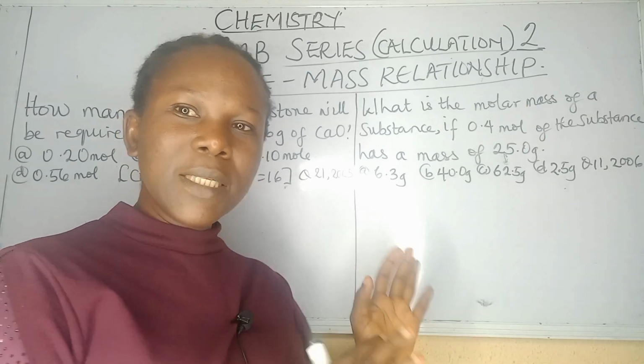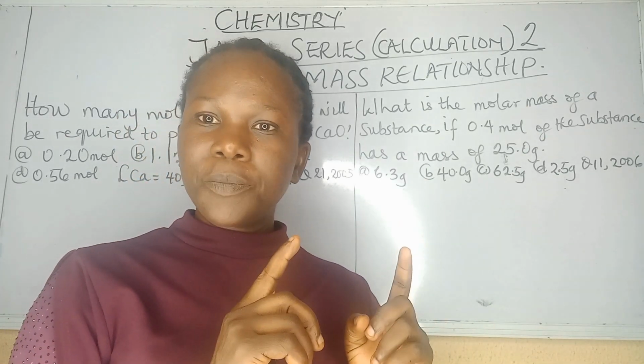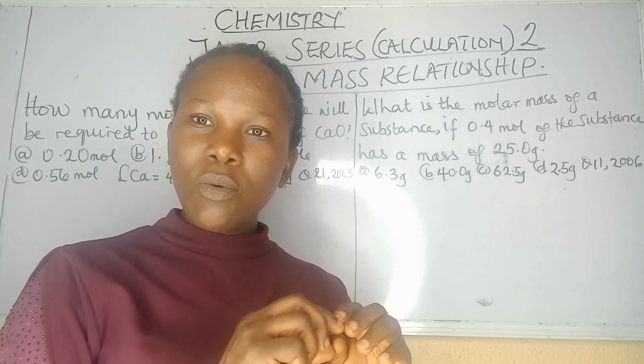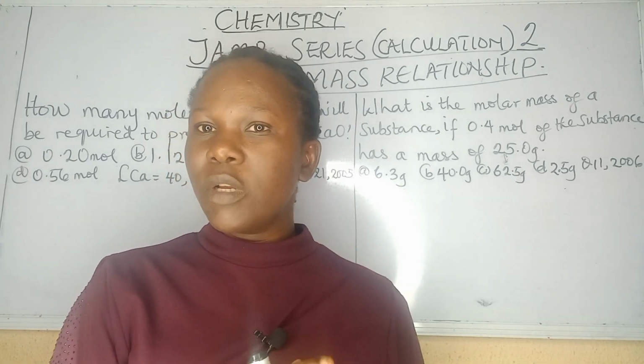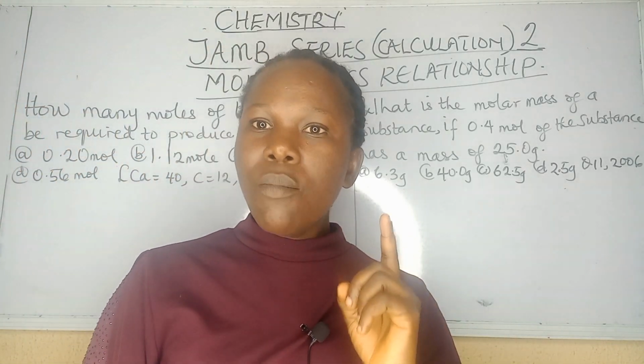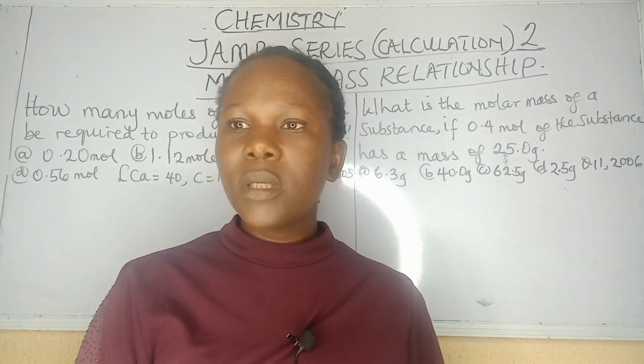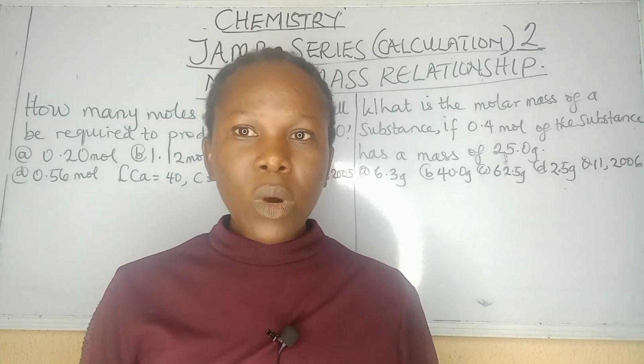And in the first video I said that there is a particular rule that is not applicable to that calculation, but in this one we are going to use that rule, and it is: 1 mole of any chemical compound is its molar mass.